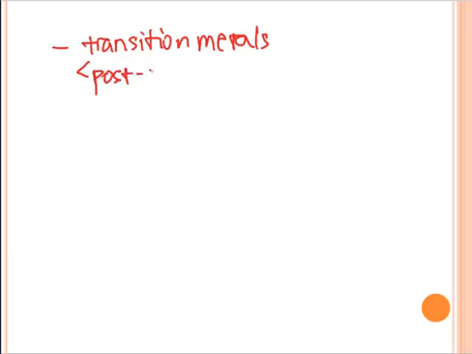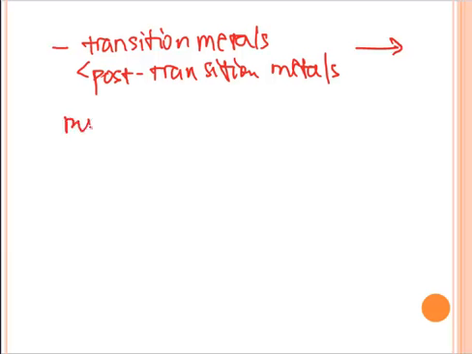So let's talk about the special ones, transition metals, and some of the post-transition metals. They have multiple charges, sometimes referred to as valences.